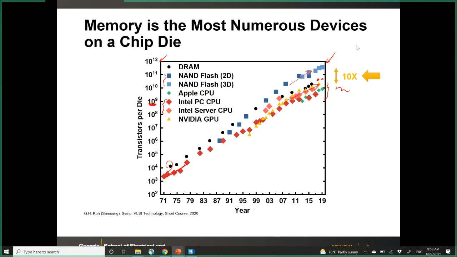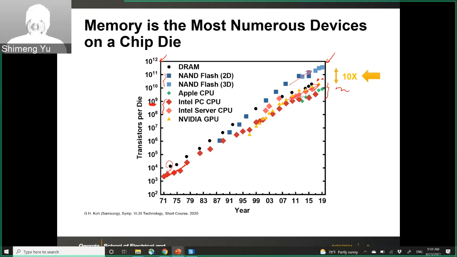And you also see the slowdown of the transistor count in the CPU. As you know, Moore's law tends to slow down in recent years because we are approaching the scaling limit imposed by physics.